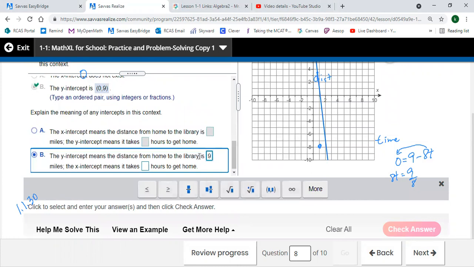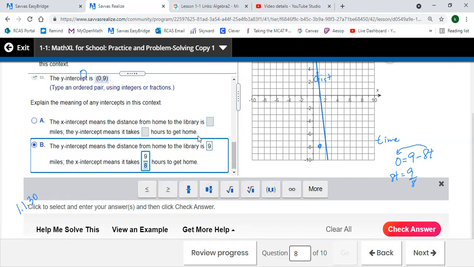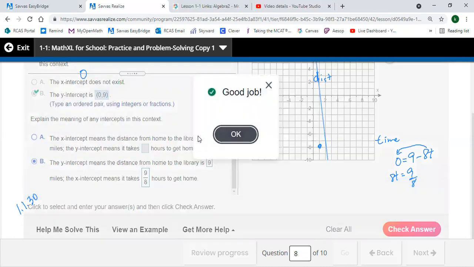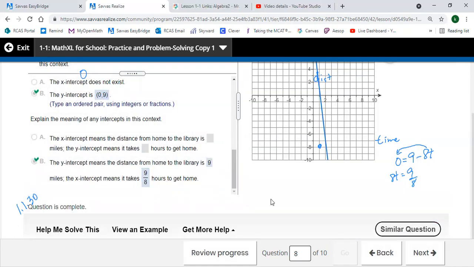It was 9 miles. And then the x, the 9/8 was the time, my x-axis. So that was 9/8 of an hour, or just 1 1/8 of an hour to get home. I think that's it. All right. So hopefully that helps you on that one.